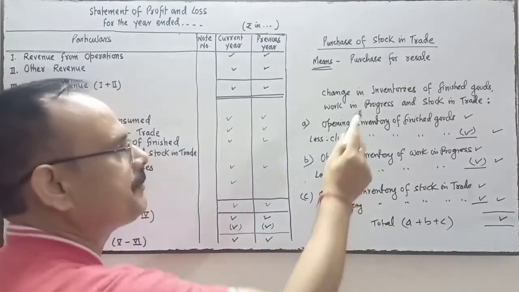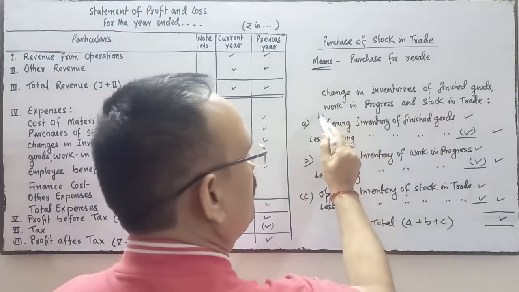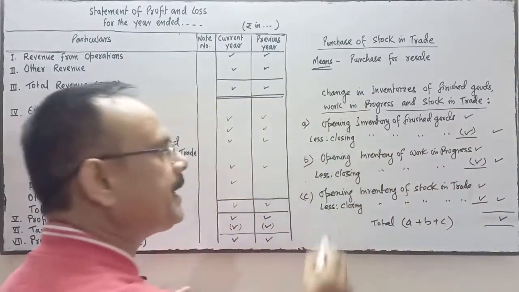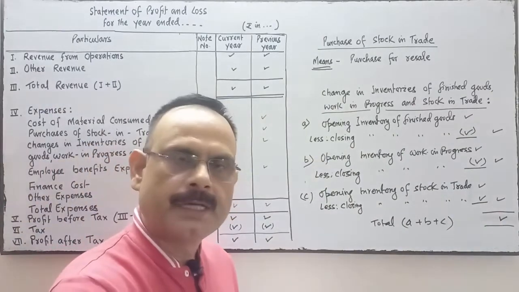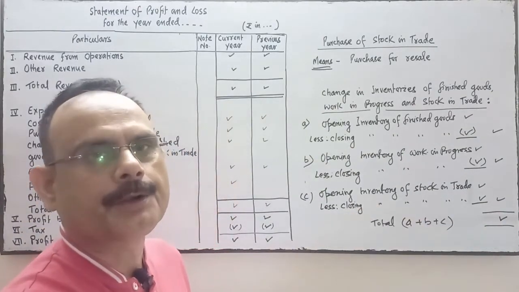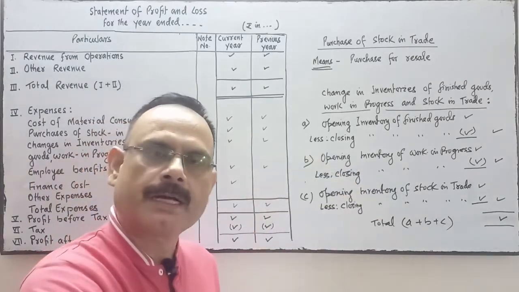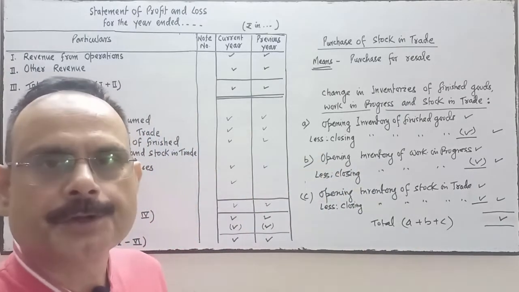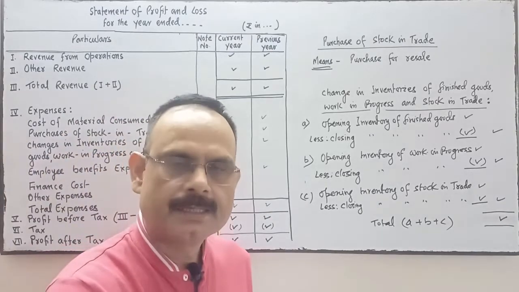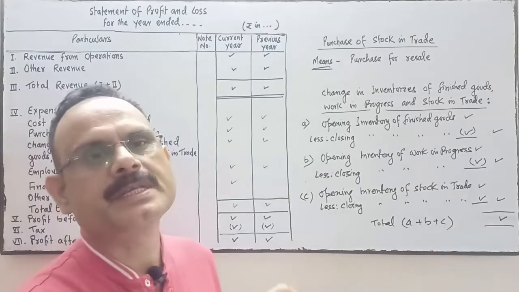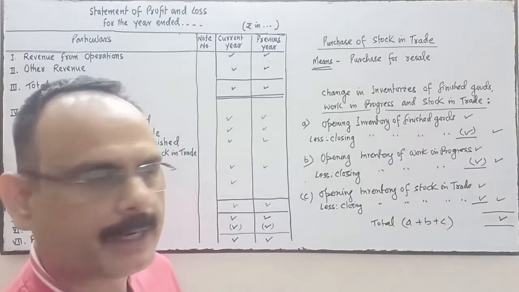So change in inventory of finished goods, work in progress and stock in trade means what? Opening inventory of finished goods less closing inventory of finished goods. Similarly, opening inventory of work in progress less closing inventory of work in progress. Similarly, opening inventory of stock in trade less closing inventory of stock in trade.